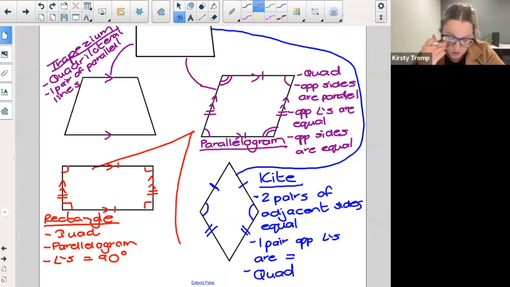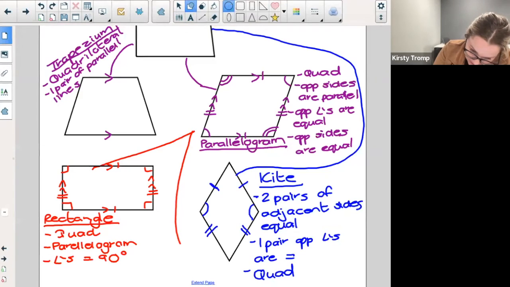All right, so we've looked at the parallelogram. We've seen that a rectangle is a quadrilateral, but it's also a type of parallelogram, a special type. And we saw that the angles were equal to 90 degrees. Now, there's one more kind of shape that's also like a parallelogram, and that shape looks like this.